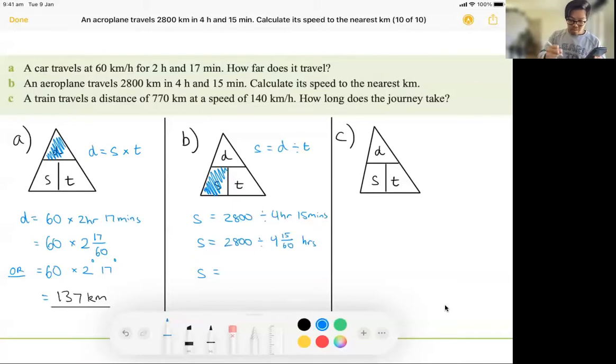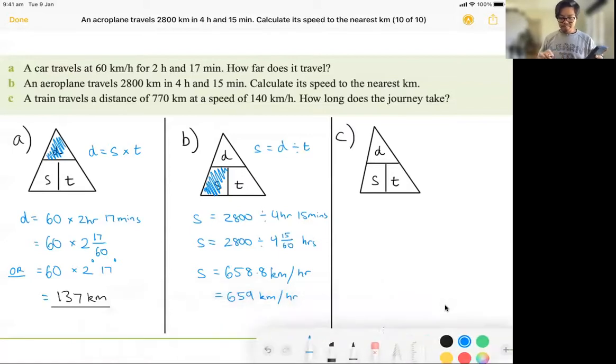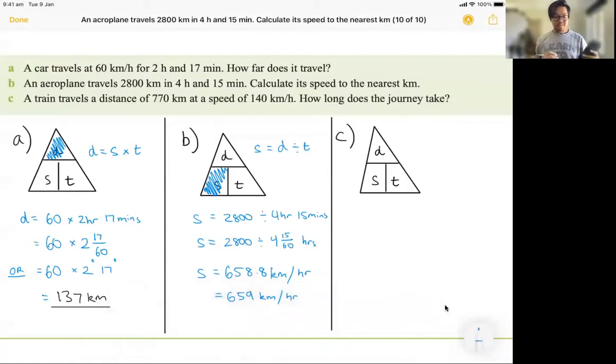So for me, it's just going to be 658.8 kilometers per hour, because we're looking for the speed. So I'm going to answer it in terms of speed, but to the nearest kilometer would be 659 kilometers per hour.